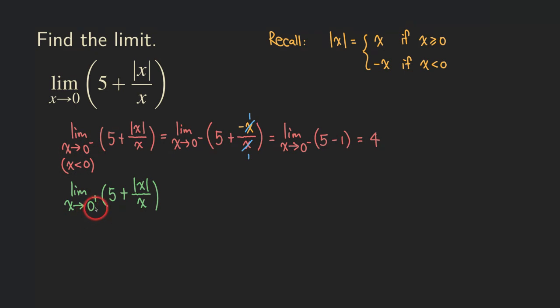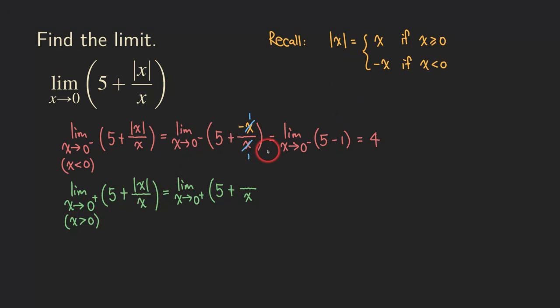But when x is approaching 0 from the right side, then x is positive. And do you see what's going on here? Then we have 5 and then now plus. Now we need to think about what goes in the numerator of this fraction.